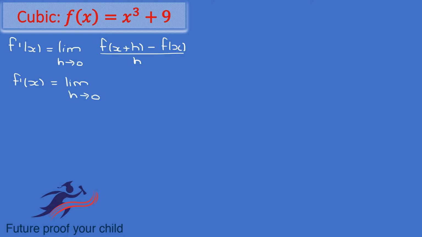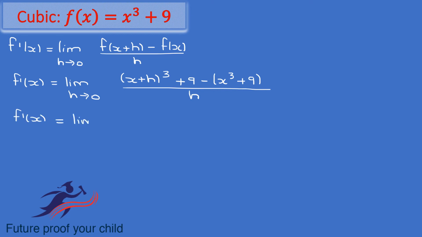Replace all your x's with x plus h cubed plus 9 minus the original function over h. So the derivative equals the limit as h approaches 0. Now be careful with this one.